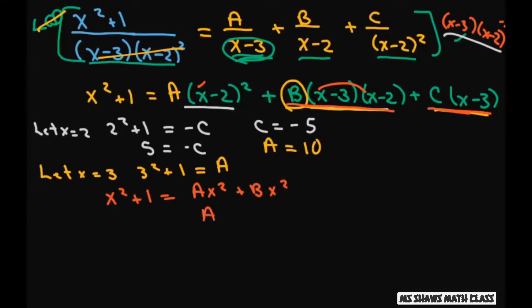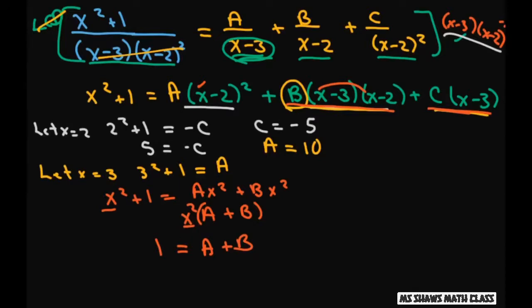So this is going to be A plus B times x squared.